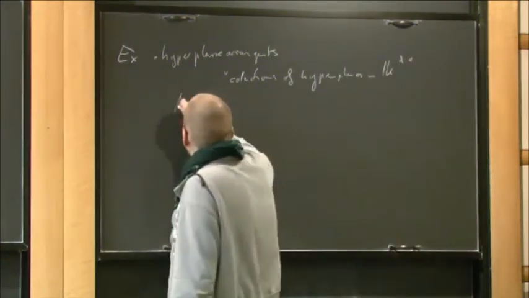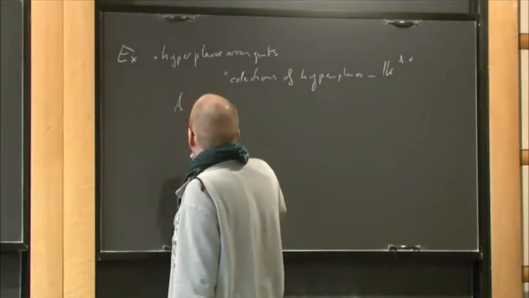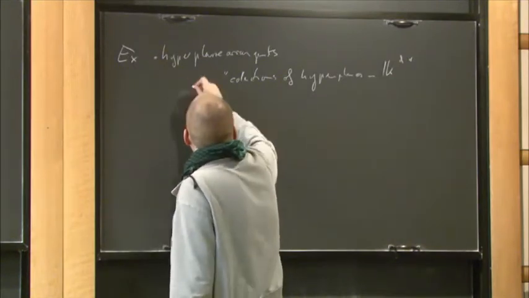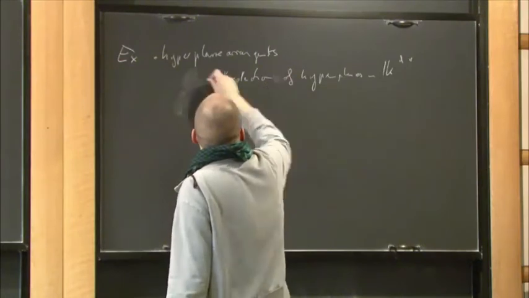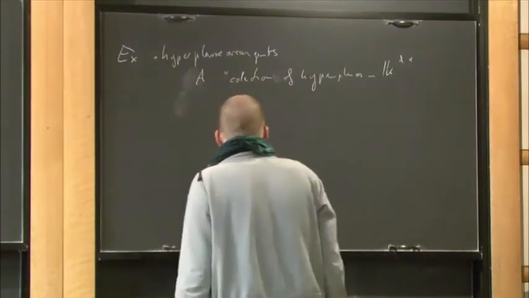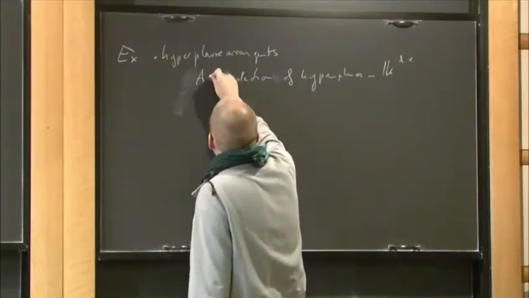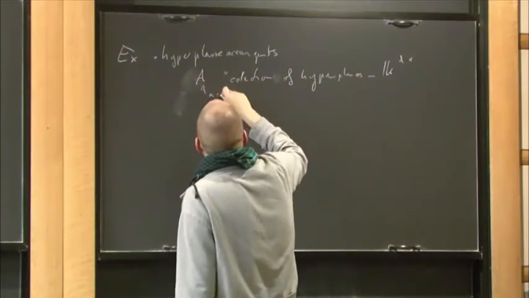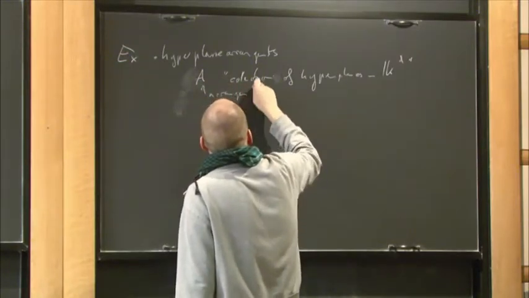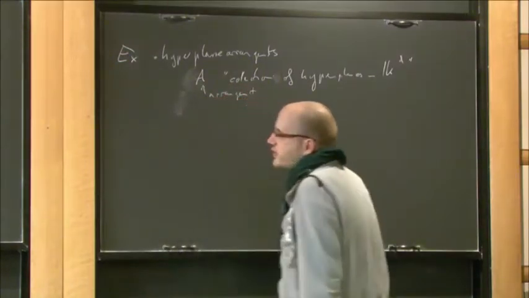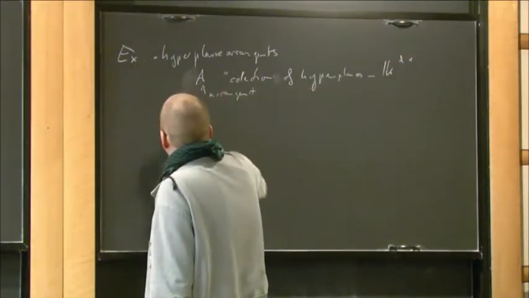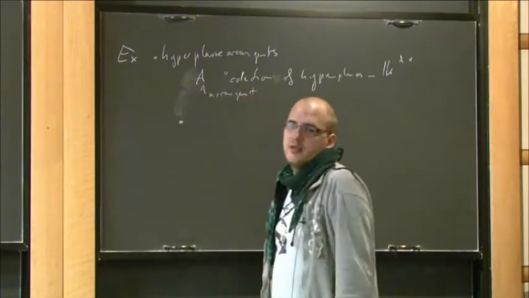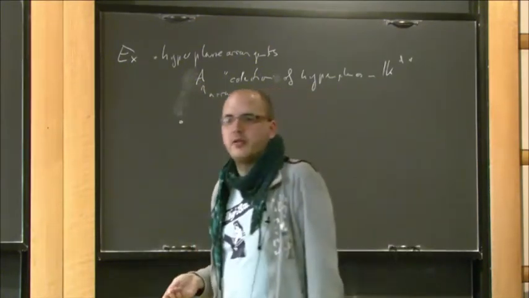Let's see whether we can figure out why these are matroids. So I have a collection of hyperplanes, and this is my arrangement. Let's see why they satisfy these axioms. Let's go rather slow. What is my ground set? Well, this is my collection of hyperplanes.